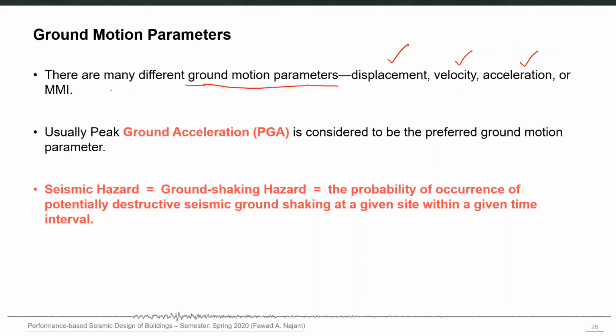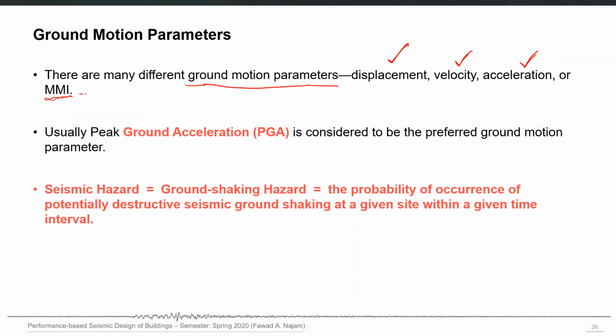Or we can also quantify the intensity of ground motion by the modified Mercalli intensity scale, the MMI number. So if we want to describe the ground motion parameter at a particular site, we can designate a peak value of displacement, velocity or acceleration, or also the MMI value which is expected at a particular site in a future earthquake.